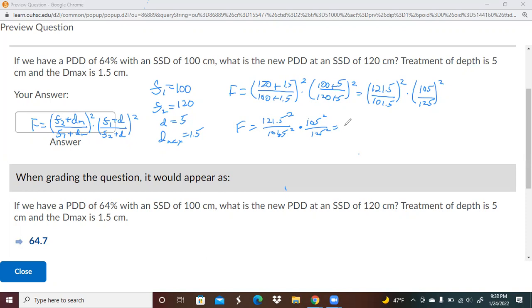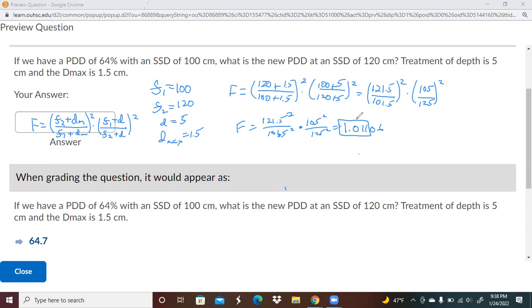Okay, now I come up with an F Mayneord factor of 1.01106, and so on. So I'm going to keep the exact number, but if I were to ask for the Mayneord factor, it would be out to 3 decimal places.